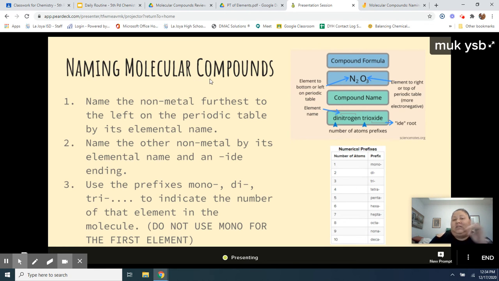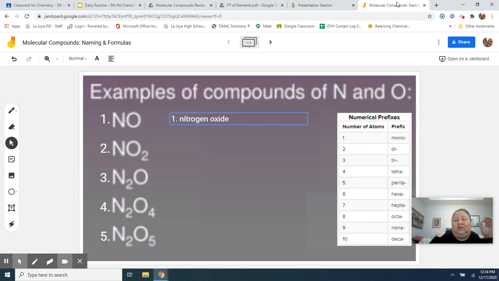Both of them technically should have mono, but according to the rules, we cannot use it for the first one. But can I use it for the second?